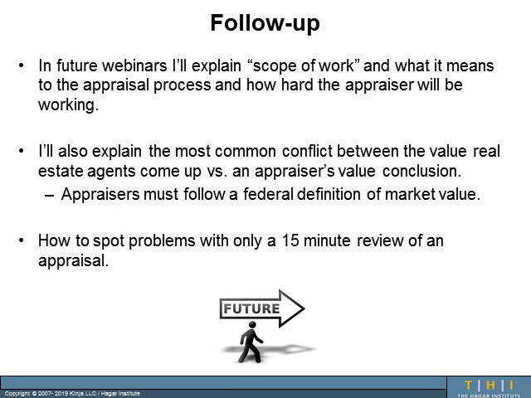So that's all we're going to talk about on appraisals and the standards today, just giving you a once-over. There's no reason to go into this in much more detail. If you need that, you'll follow up with your appraiser. In future webinars, I'll try to explain the scope of work and what it means to the appraisal process. That means how hard the appraiser will be working on your behalf and what sort of information will be conveyed.